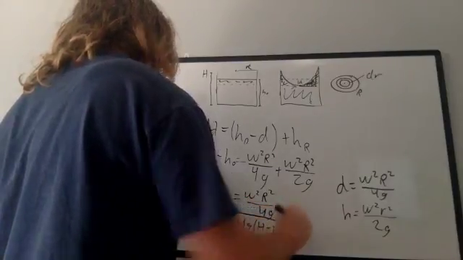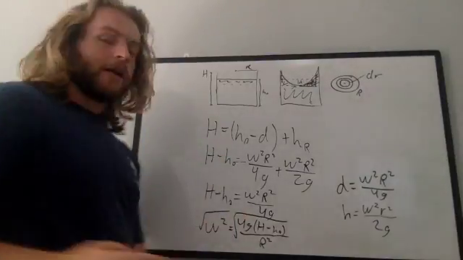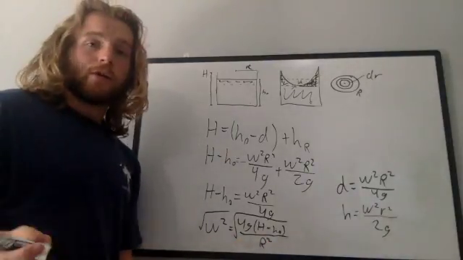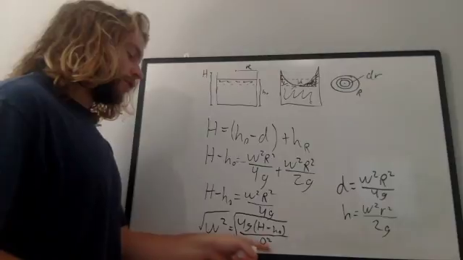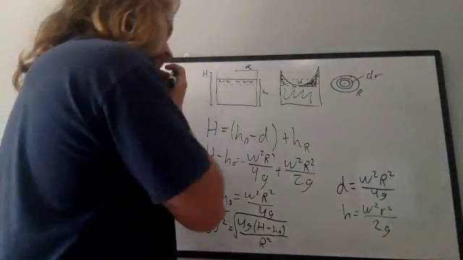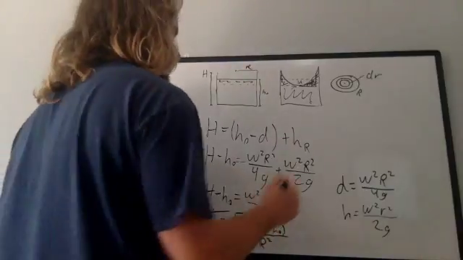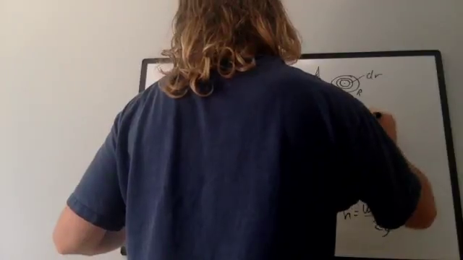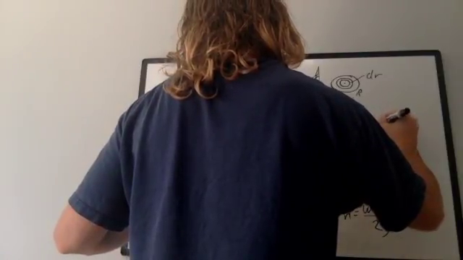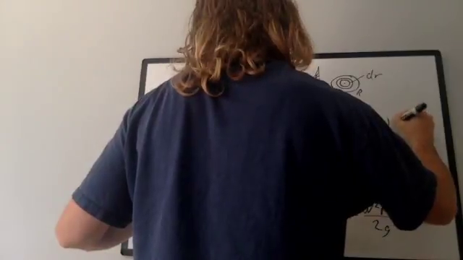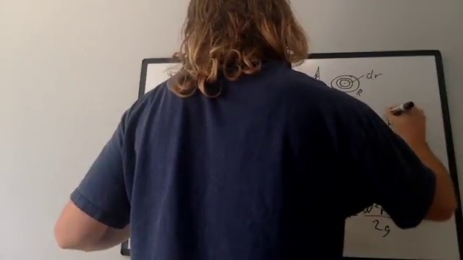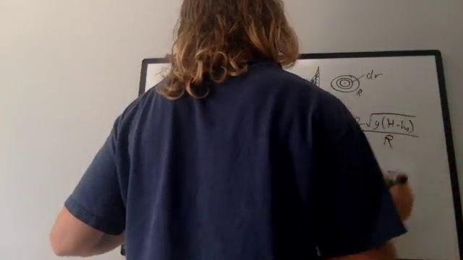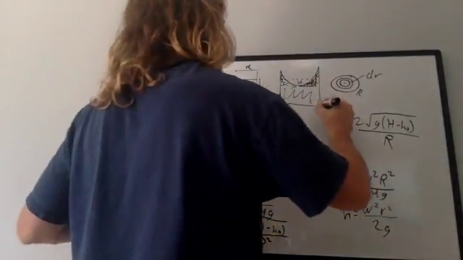So we're going to square root everything. This 4 would turn into a 2 that we could bring outside of the square root. And then the radius of the cup squared under the square root is just going to turn into r by itself, no exponents on there. So w is going to be equal to 2, and then we're going to have the square root of g times (H minus H0), all over r. And there you have it. That is going to be our final expression.